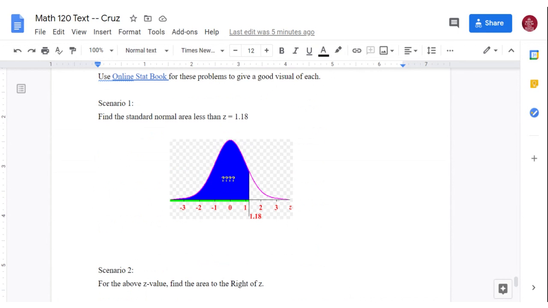Let me show you this. We're looking for the area that's less than 1.18. All right, so that's it drawn there, but how much is that area? Well, that's what these things can tell us.